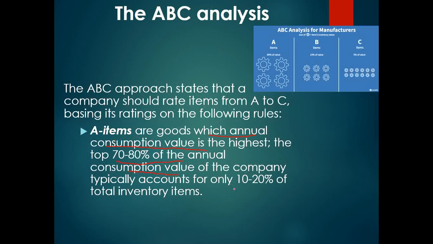It accounts for only 10 to 20% of the inventory. So if you consider the whole of the items in a company, it will cost almost 80% of the money, and in number it will be 10 to 20%. That is the A category.